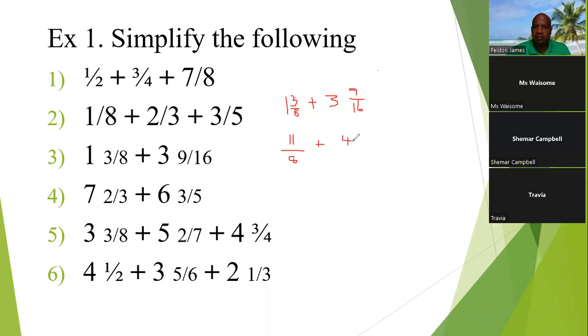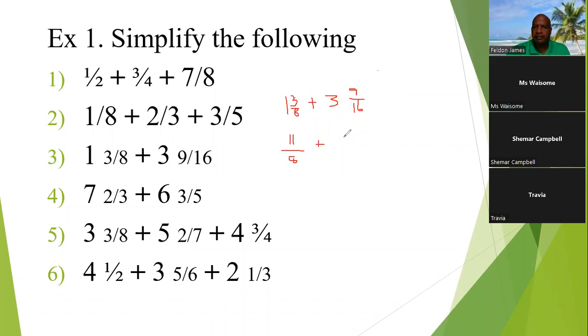Plus 48 plus 9. Is that correct? Oh, it would be 40 316. Plus 9 gives you what? 58. 57.